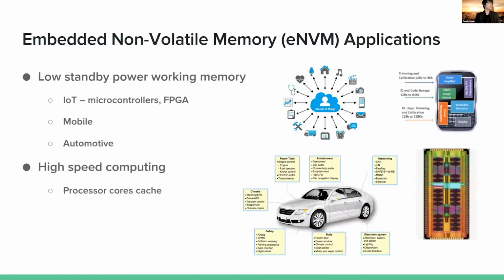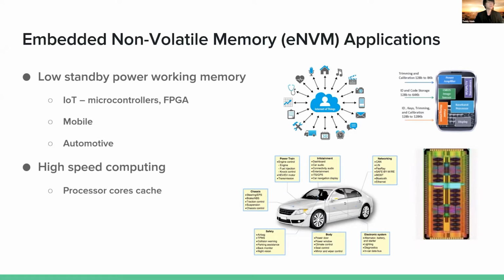Now, I want to talk in particular about embedded non-volatile memory, or ENVM, and their applications. As you can see here, I've listed it all out for you, but they're generally really exciting for low standby power working memory. What that means is if you have IoT and microcontrollers, FPGAs, your smart thermometers and other things like that, or your mobile devices, they're really attractive because they have such low standby power.